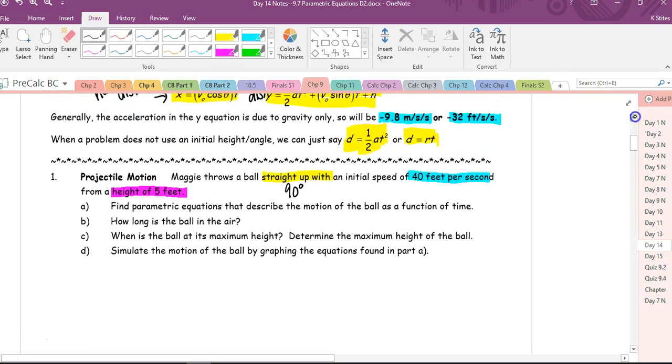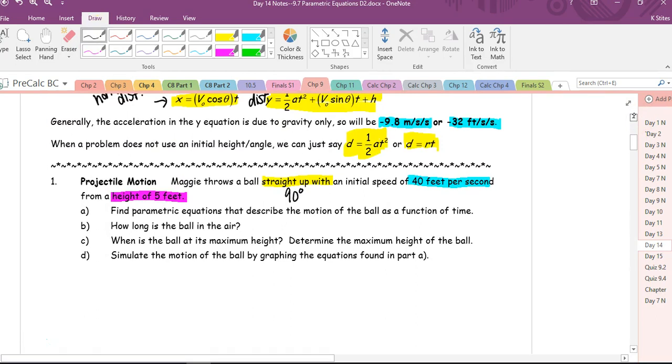So the first part here, we have find parametric equations that describe the motion of the ball as a function of time. So your parametric equations are always an x equals and a y equals. So our x equals v sub 0 cosine theta, all multiplied by t. Notice how you have parentheses around the v cosine theta.